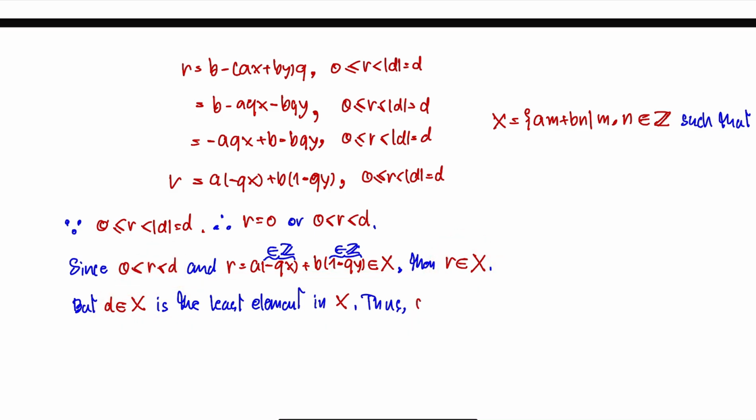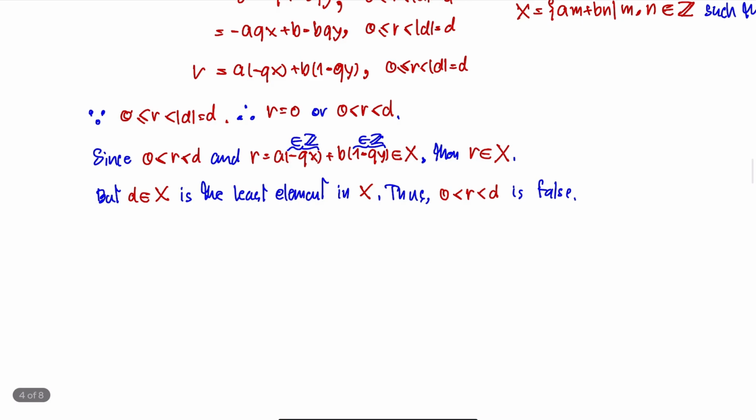That means that r greater than 0 and less than d is false. Okay, great. That means that the only one that is true is r equal to 0.